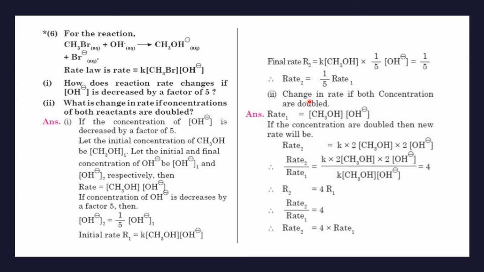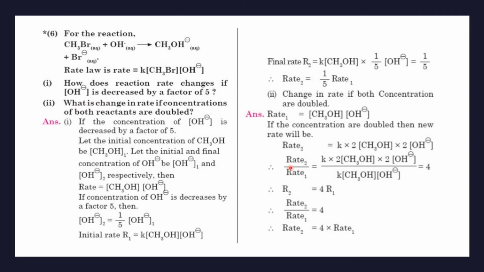Second part, change in rate if both concentrations are doubled. We know rate 1 is equal to k [CH3Br][OH-]. If the concentrations are doubled, then the new rate, rate 2, is equal to k into 2[CH3Br] into 2[OH-].